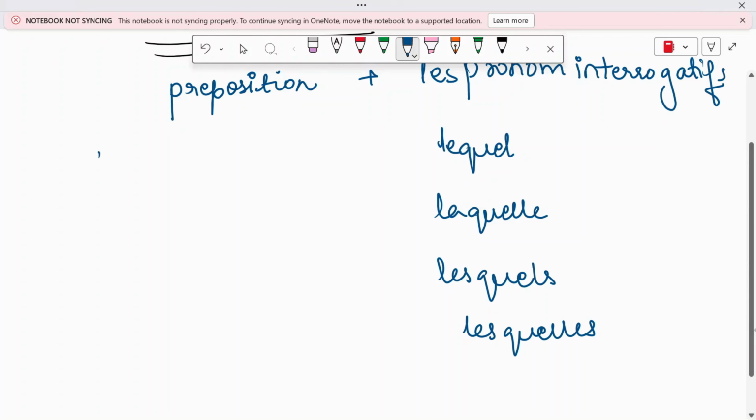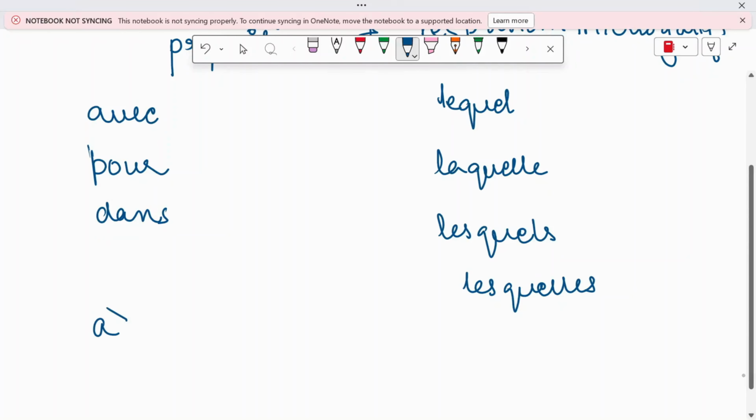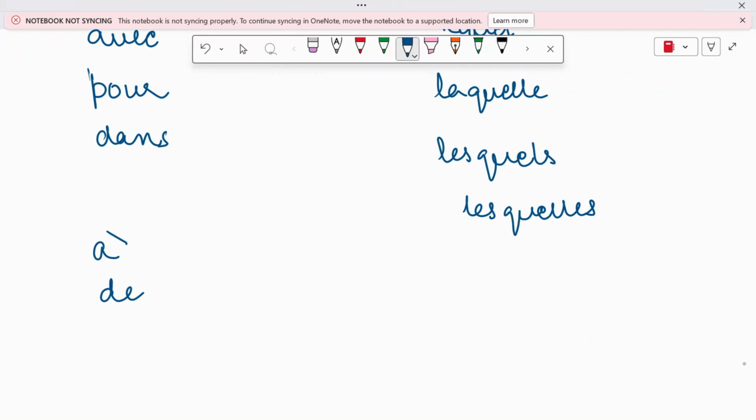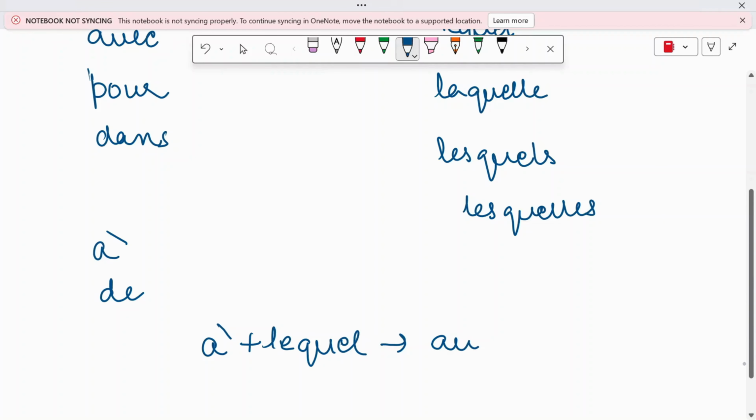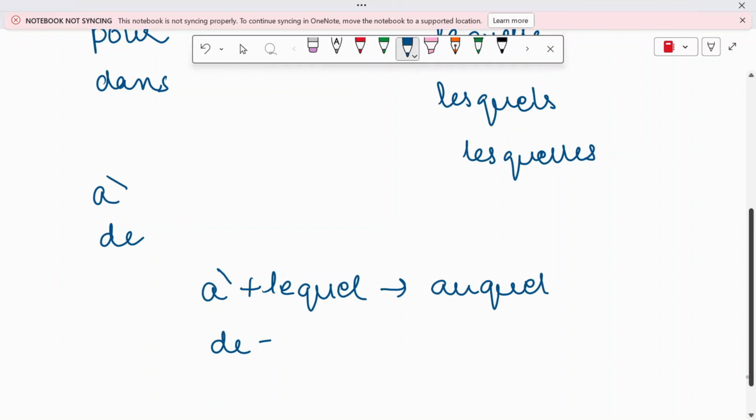It can be avec, pour, dans, etc. A preposition can also be à or de, and in this case the whole format changes, like we do in article contracté. So if it is à plus lequel, we change it to auquel. A similar change is observed in article contracté. Similarly, de plus lequel changes to duquel, and so on.